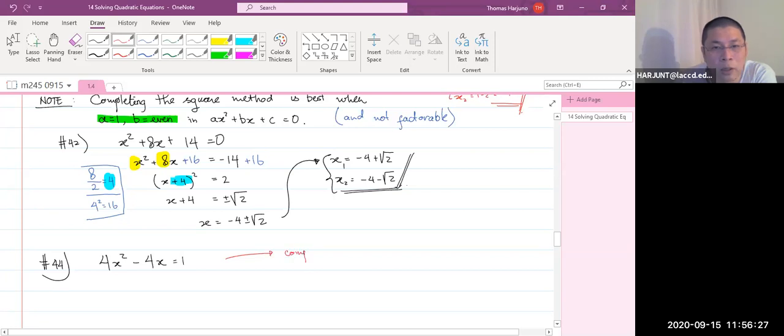Completing the square is not the best method in this case. You will see using the formula will be better, okay?